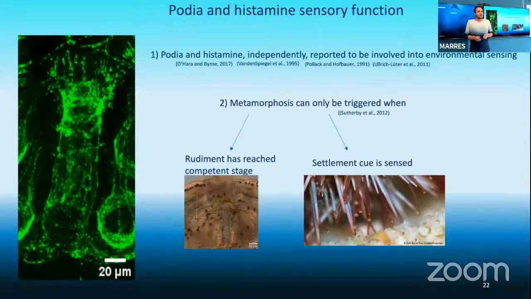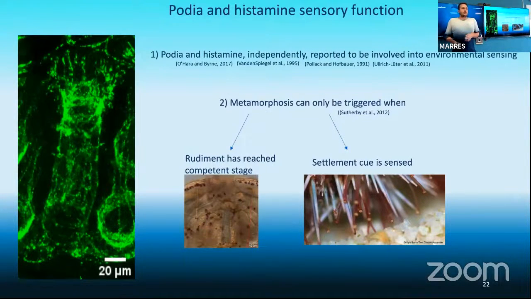Therefore, it means that the podia will be fully anatomically developed, so it will have the stem and the papilla, and also it will show this histaminergic nervous system. Once the rudiment reaches the competent stage, the larvae will swim down to the seafloor, and one podia will touch the substrate. And the main theory about that is that the larvae is able to sense the settlement cue.